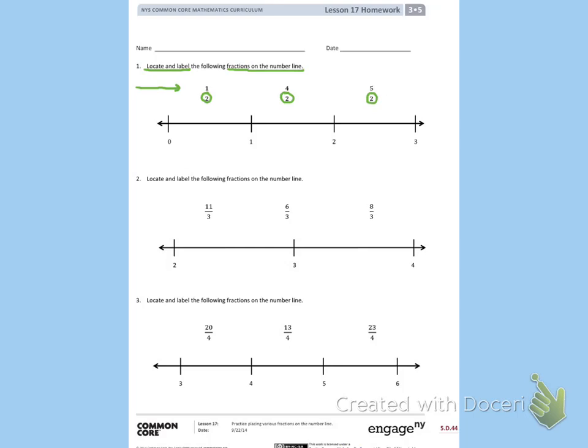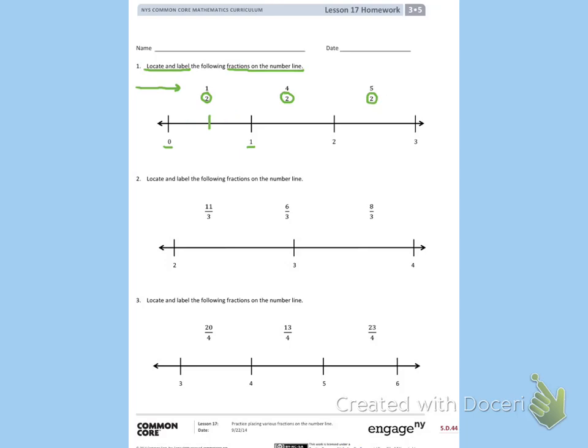So between 0 and 1, we need to partition the number line into 2 equal halves. I'll put a line here, and I'll double check my work. 1, 2. There are 2 equal portions.